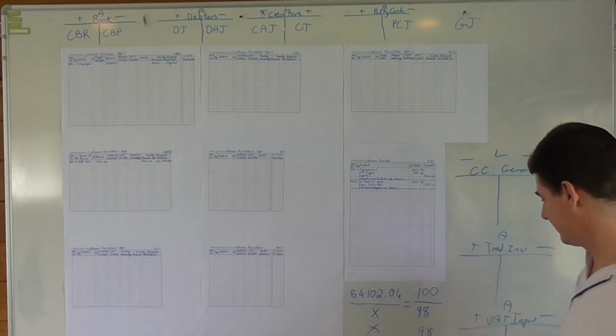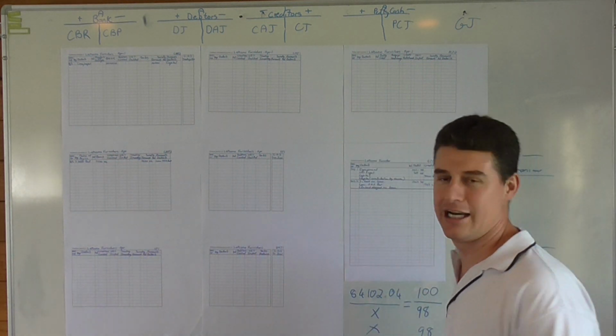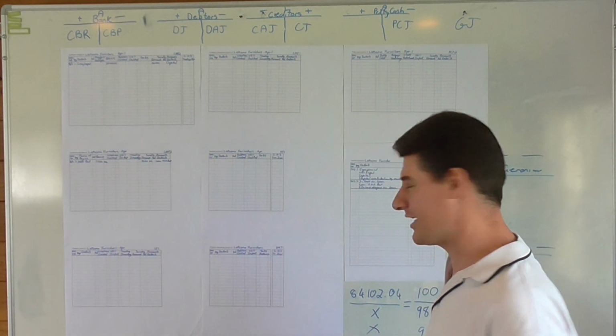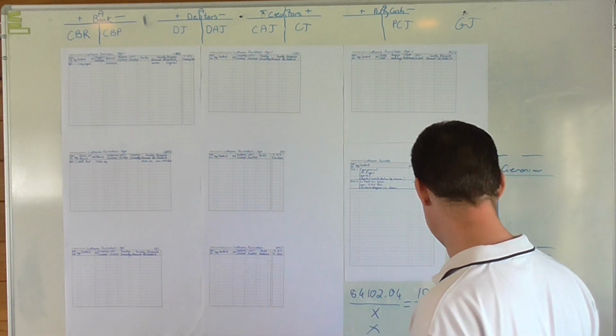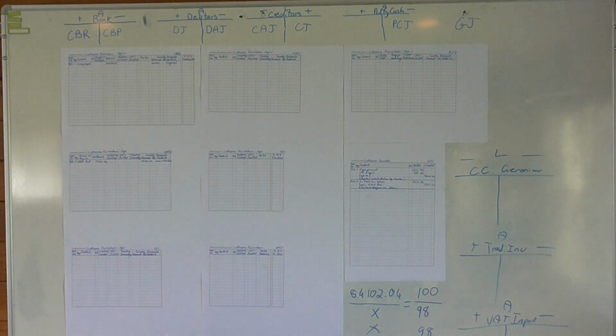to get the X alone on the one side, I hope everybody's done business literacy, because this will be very easy then. It will be 98 over 100, because it's divided on this side, so if you bring it over, you multiply it on the other side, 84102.04.